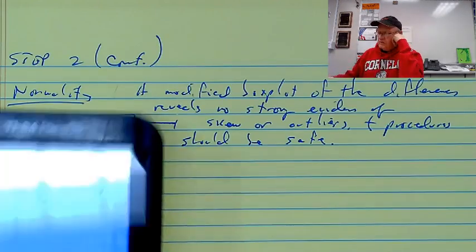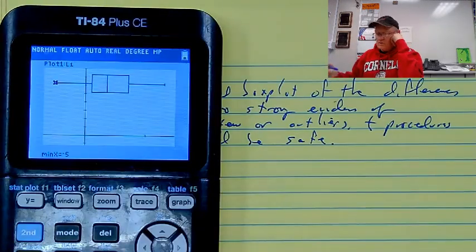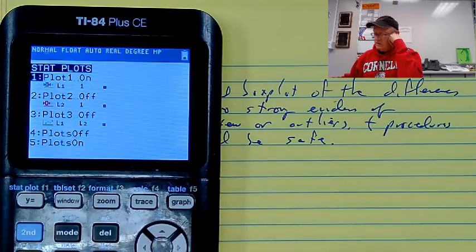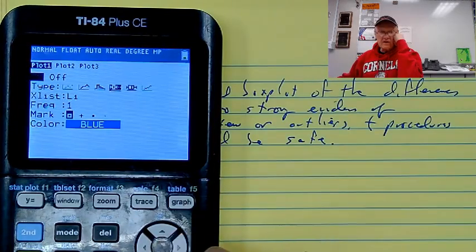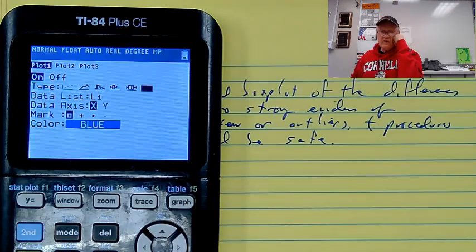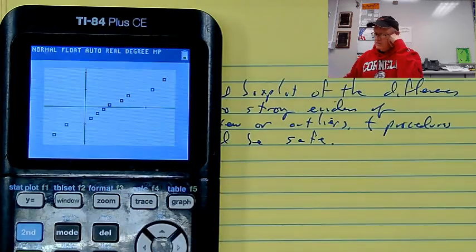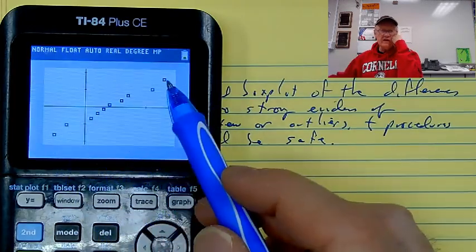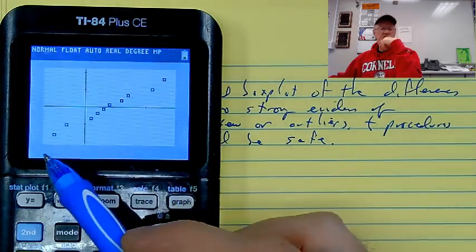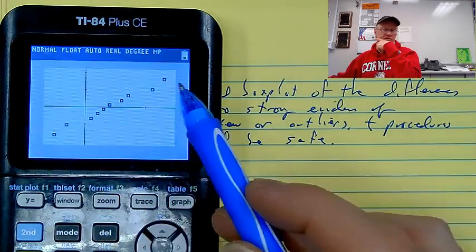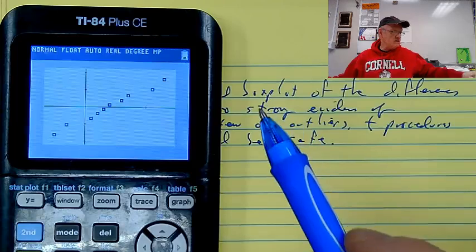If I went second stat plot on, and we look at the normal probability plot, okay, the NPP. So I've chosen that, and I go zoom 9, and I look at this, and remember that in an NPP, a straight line is indicative of normality. In a perfectly normal setting, these dots would be exactly along the line.